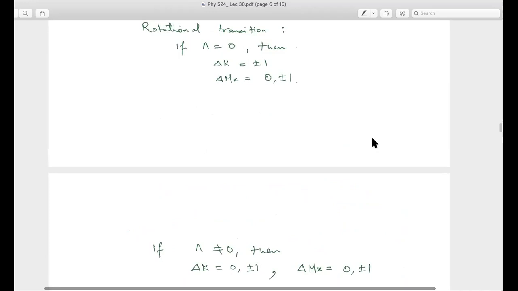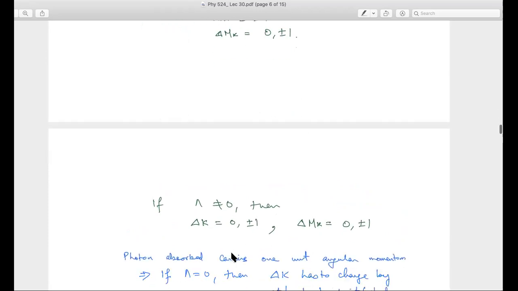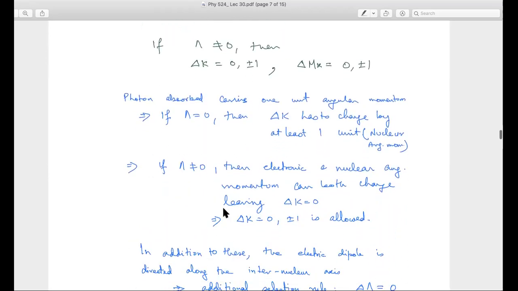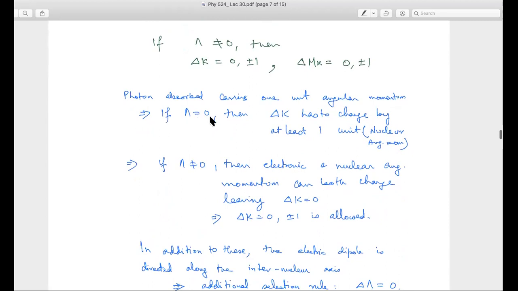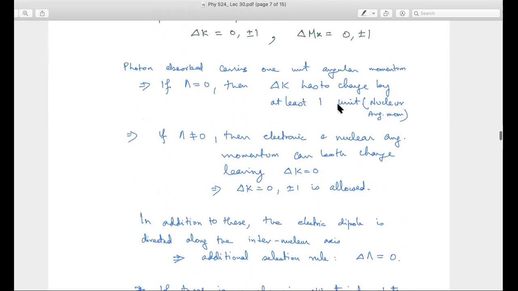So these are the two selection rules, separate for lambda equal to 0 and different for lambda not equal to 0. They basically arise from the fact that a photon carries an angular momentum of 1 h bar. If lambda is equal to 0, then delta K has to change by at least 1 unit. So the nuclear angular momentum has to change by 1 unit because the electronic angular momentum is not changing, right? The electronic spin angular momentum cannot change in total, though the LZ one can change.